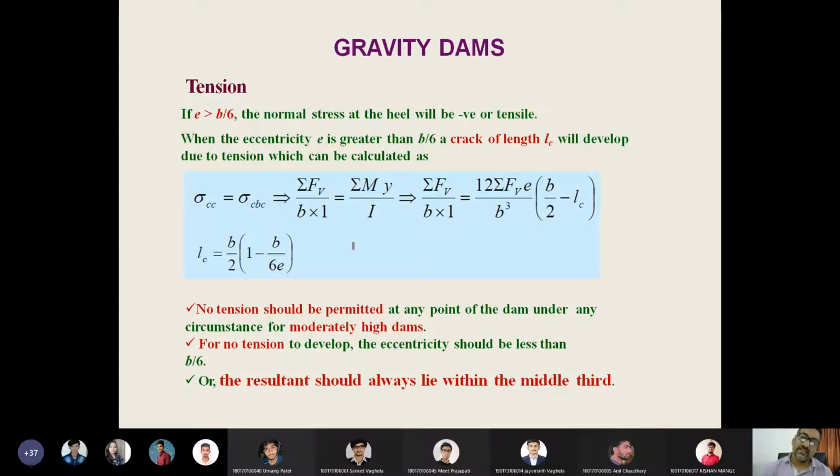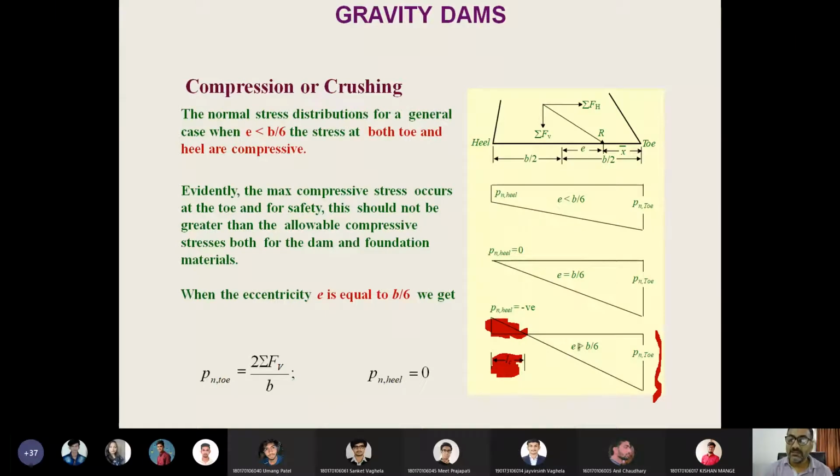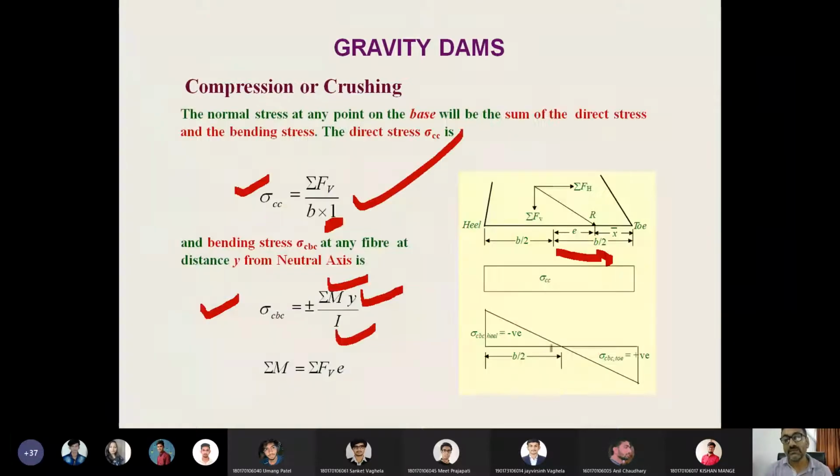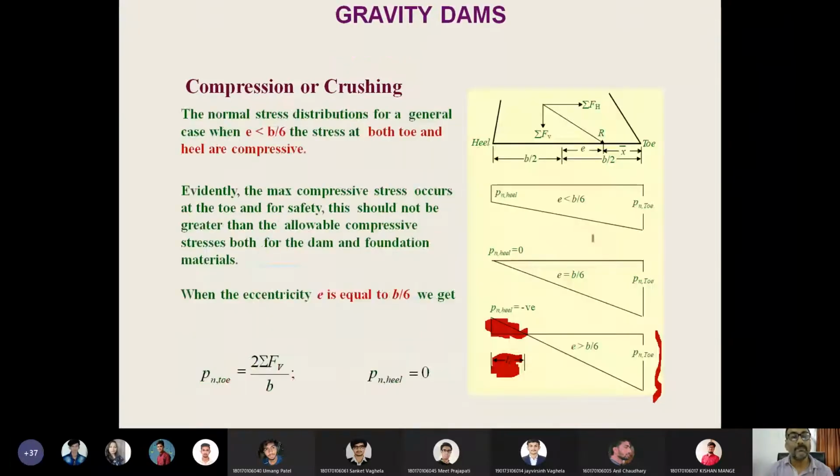We have seen the third case when the eccentricity e is more than B by 6. Here, this eccentricity becomes more than B by 6. Then what will happen?